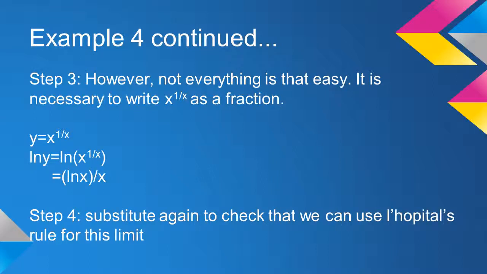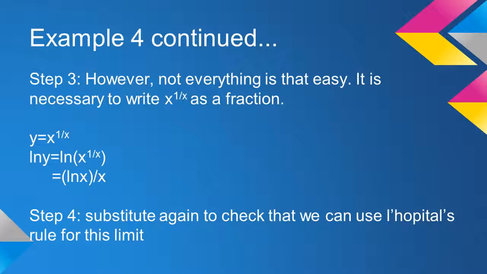So we can let y equal that, and then ln y is going to equal ln of x to the power of 1 over x, and that's going to equal ln x over x. I hope you see that. That's just a property of logarithms. So we know that ln y is equal to ln x over x.